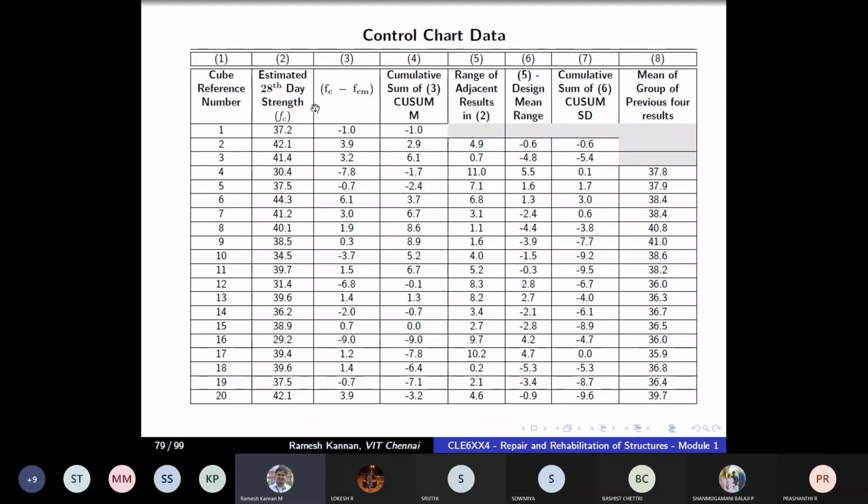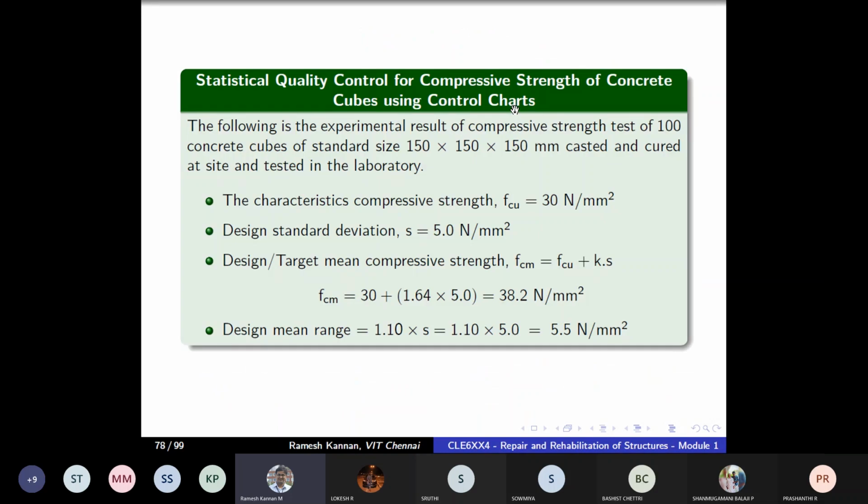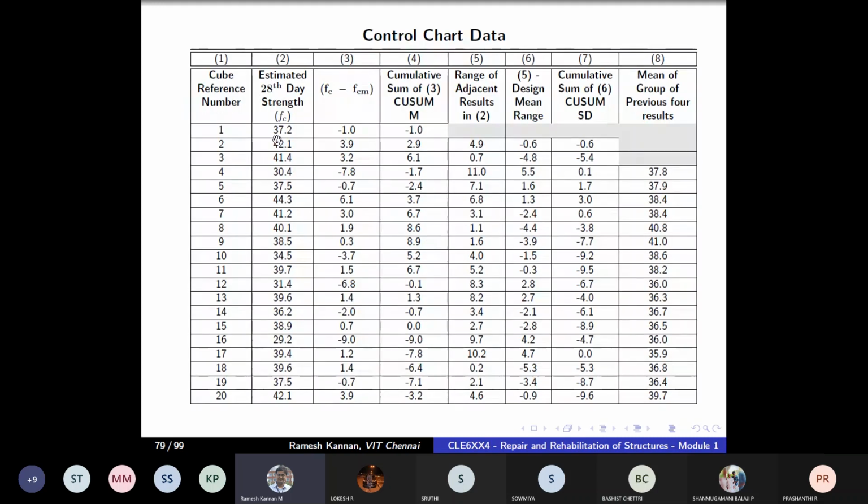Then the estimated 28th day strength, which is the compressive strength value of the individual cubes of M30 grade, right? Then FC, the test value, minus FCM is the actual value. FCM is the target mean compressive strength value, which is 38.2. So 37.2 minus 38.2 is minus 1.0. This is generally like the square of the deviation.